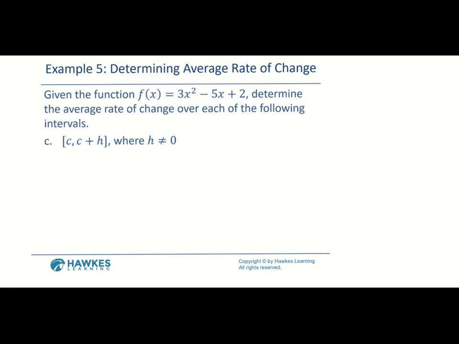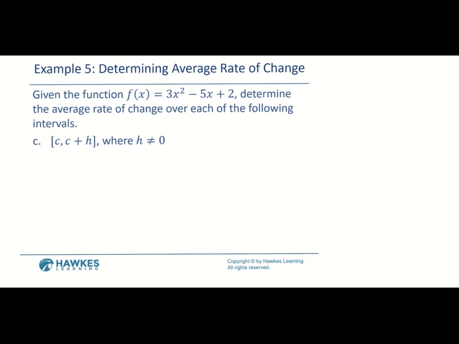Once you perform the difference quotient computation, which is your C, C plus H, then the average rate of change of a given function over any interval can be quickly found by identifying C and H and using your simplified equation that you get from this.